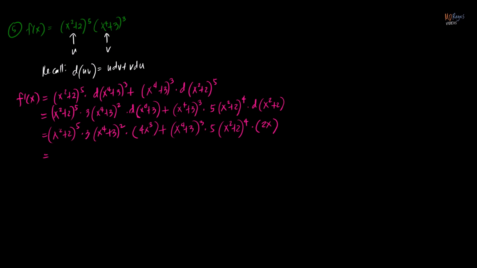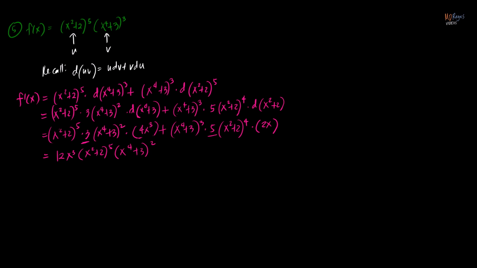the answer, multiplying the constants in the first term, 3 and 4. So it's 12, and then x cubed first, times x squared plus 2 to the fifth. I'm just copying everything, rewriting the answer, x to the fourth plus 3 squared. That's all of the first term.